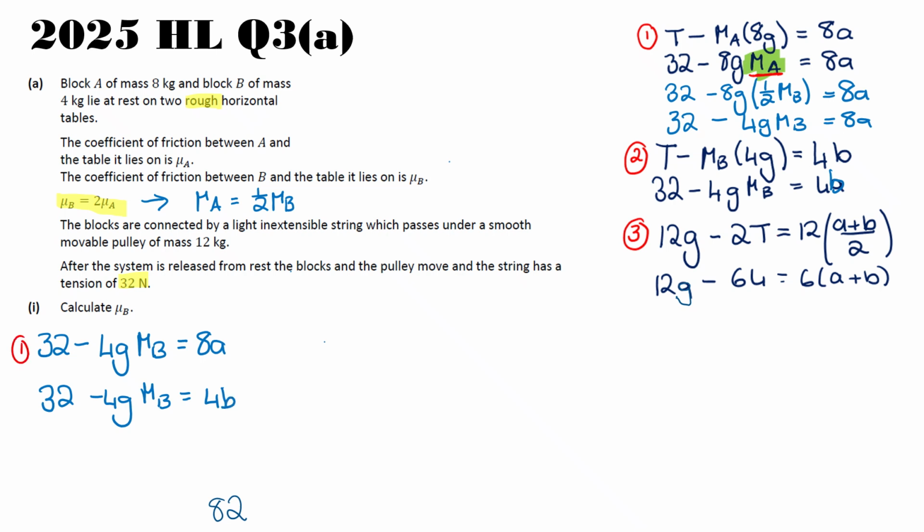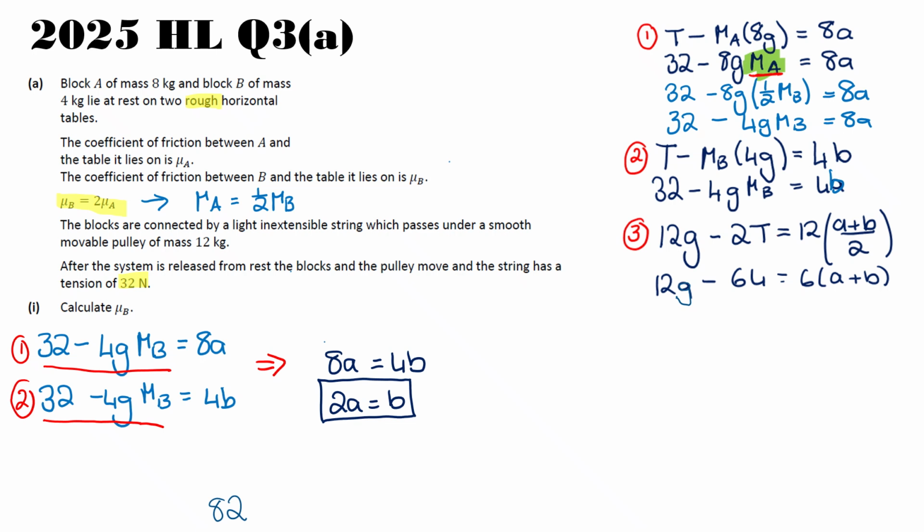And if you look at the left-hand side of both of those, you'll see that they are now equal. What this means from these two equations, we can say that 8a is equal to 4b, or 2a is equal to b. So that's an important little idea that we now have.